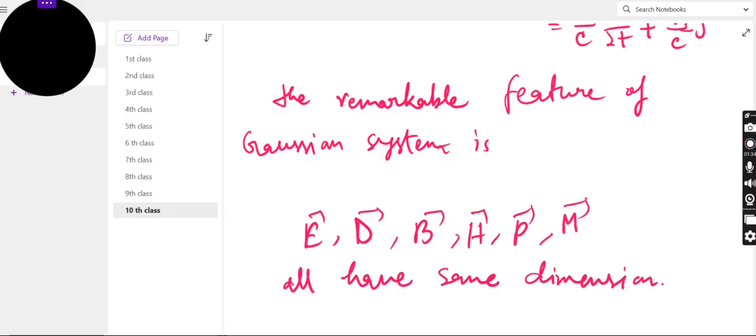That's why sometimes we see in books that it is done in the Gaussian system.